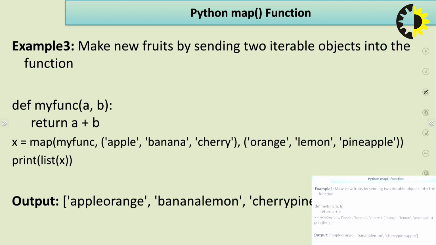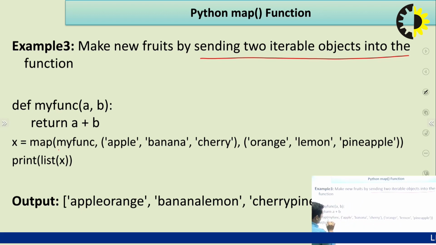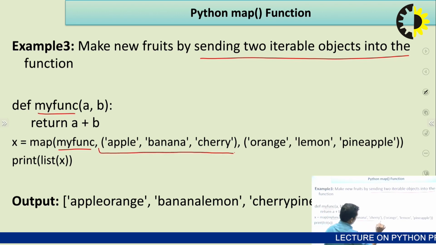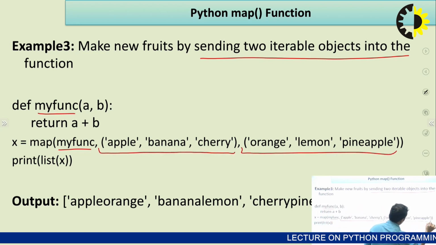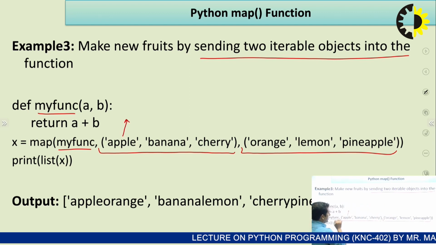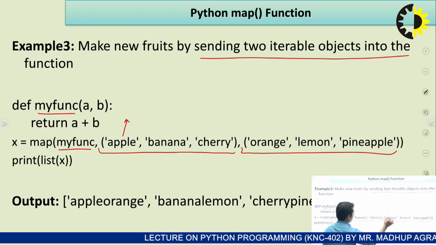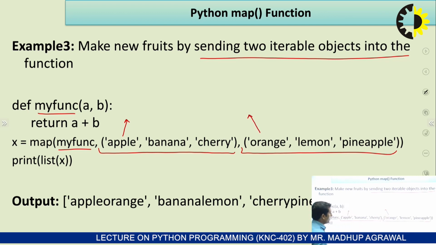Now make a new fruit by sending two iterable objects into the function. Here are two lists. The first parameter is the name of the function, and the second and third parameters are tuples. We pick the first element from the first and the first element from the second, apple and orange.